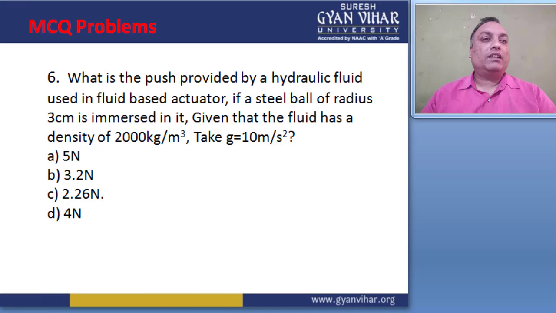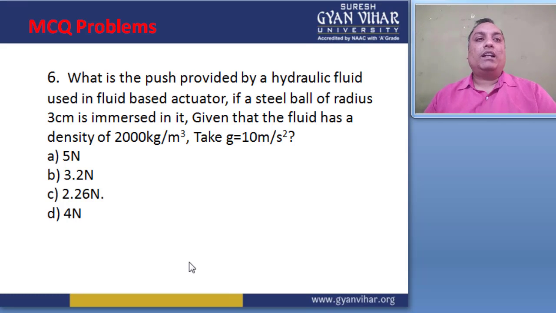This is question number 6. This is also a numerical question. What is the push provided by a hydraulic fluid used in a fluid based actuator, if a steel ball of radius 3 cm is immersed in it, and given that the fluid has a density of 2000 kg per meter cube, take g equal to 10 meter per second square.